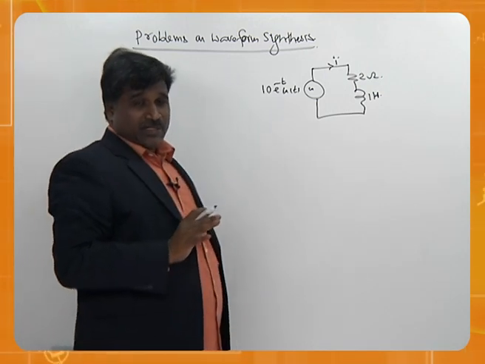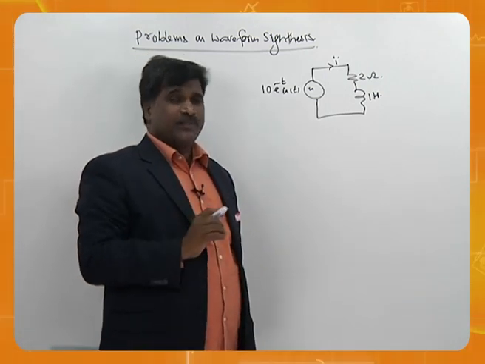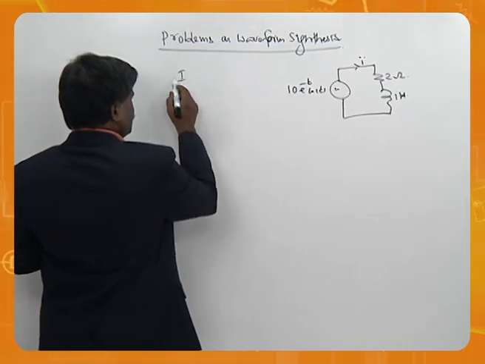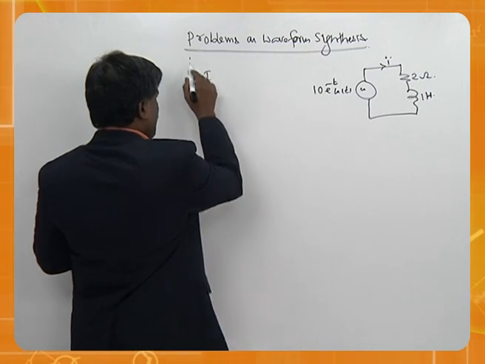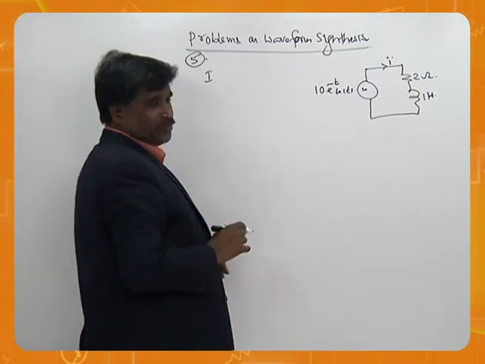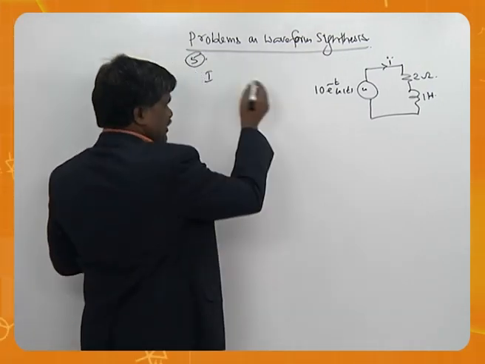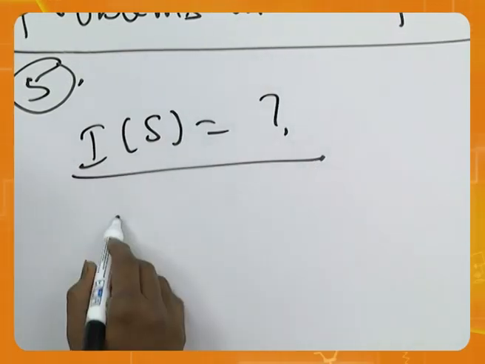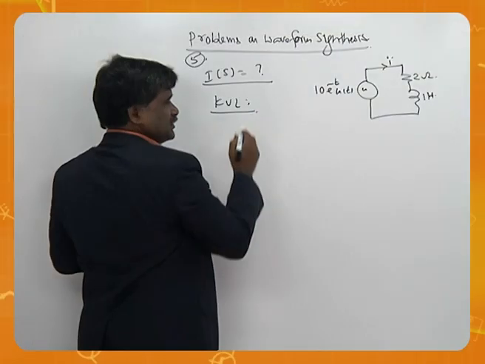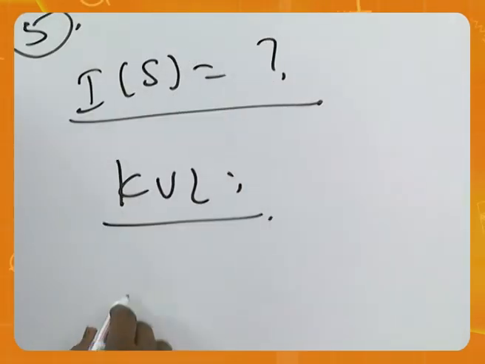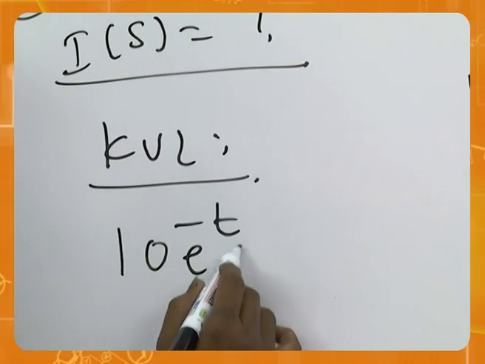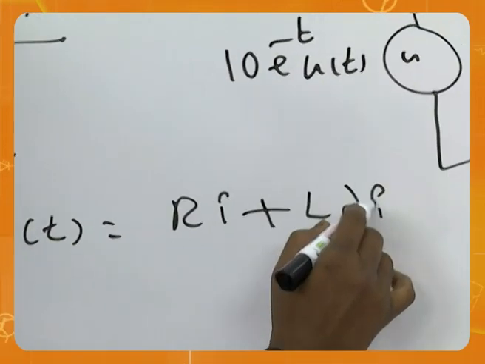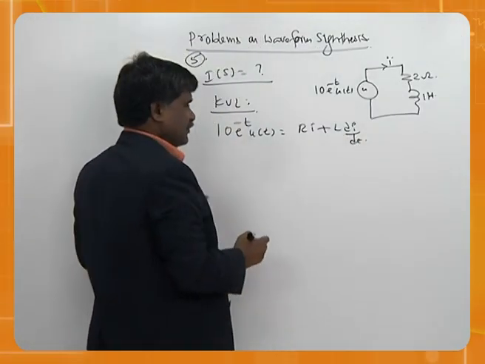Look at here. Again, he is not asking I of t. So when you look at the problem, fifth problem here, I am giving you how to get I of s is the question. So go for KVL. If you go for KVL, 10 into e power minus t ut equals Ri plus L di by dt, that's the meaning.